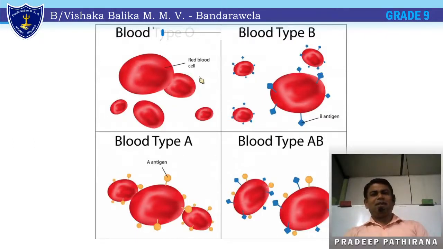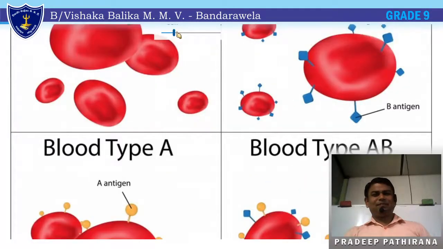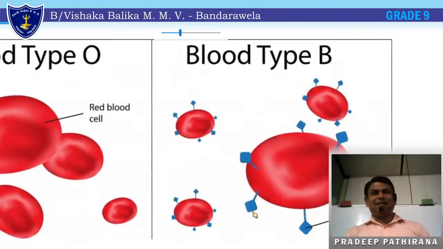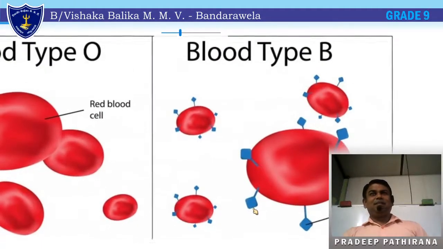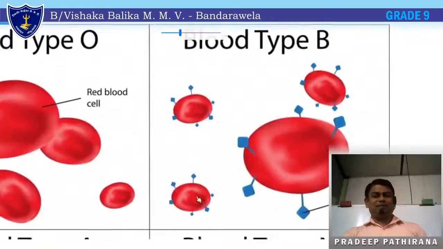If O is given to A, there is no harm as there are no antigens. Type B has a different antigen called B antigen. B and A are not matching.